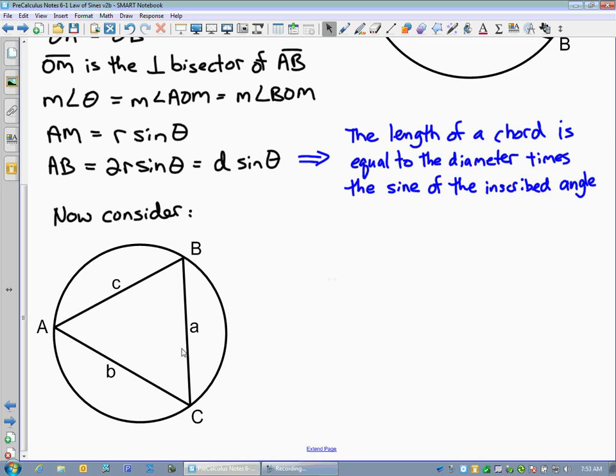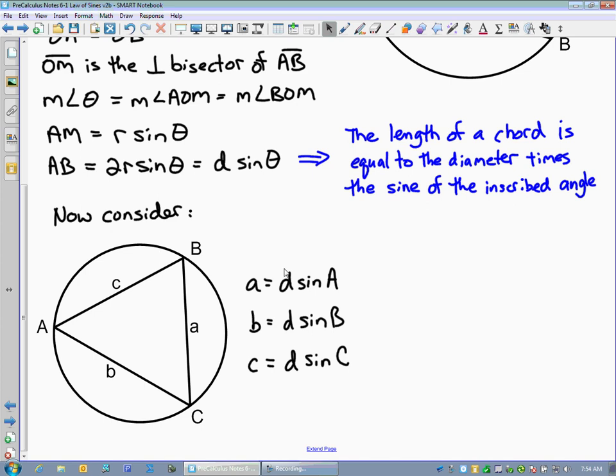So side A is going to be equal to the diameter of the circle times the sine of its inscribed angle, which is angle A. In other words, A equals D sine A, using what we proved here. Likewise, side B is also the diameter times the sine of its angle. So B equals D sine B. And by the same rationale, side C is equal to D sine C.